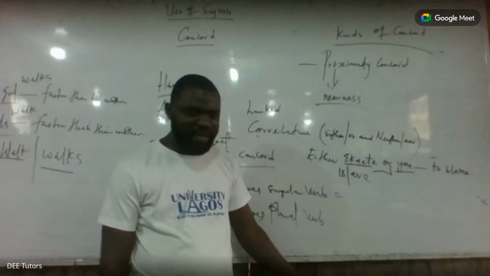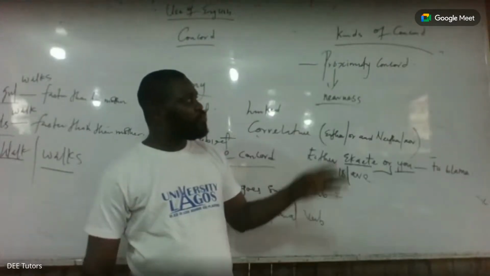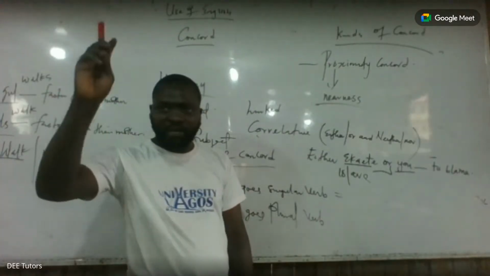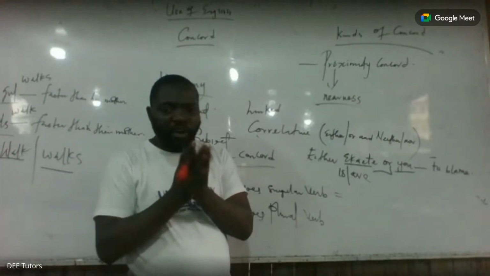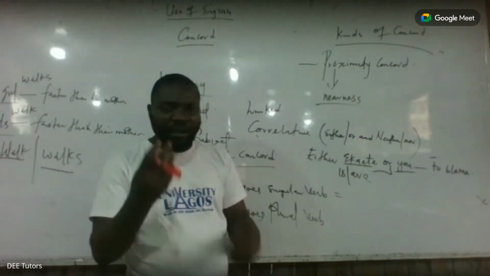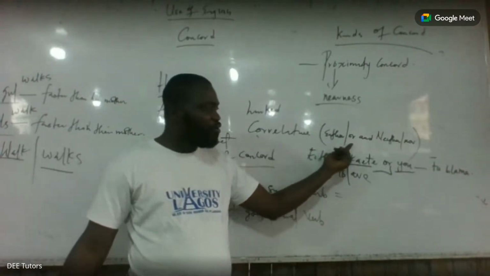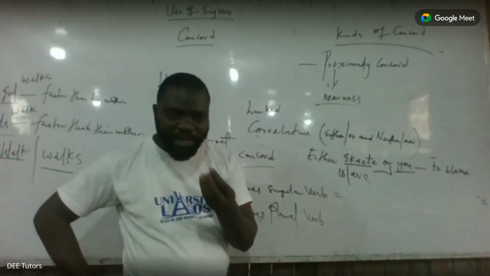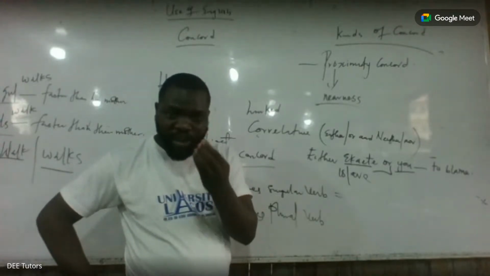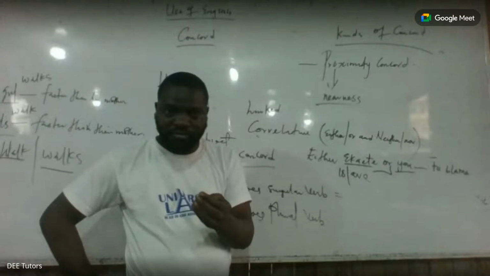Now, listen to me attentively. Can you hear me clearly? Yes, sir. Now, I told you that proximity concord states that whenever we have two subjects of a sentence and the two subjects are connected by correlative conjunction, either of or neither nor, it is the subject that is nearer to the verb that will determine the verb to be used.